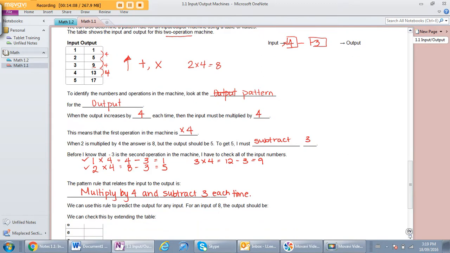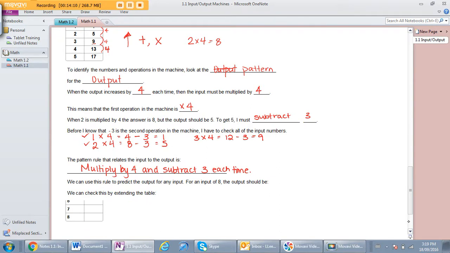Now I can use this pattern rule to predict the output for any number I want to use as my input. For example, for an input of 8, I can think, well, 8 times 4 equals 32, and 32 minus 3 is 29. I can check this by extending the table as well.